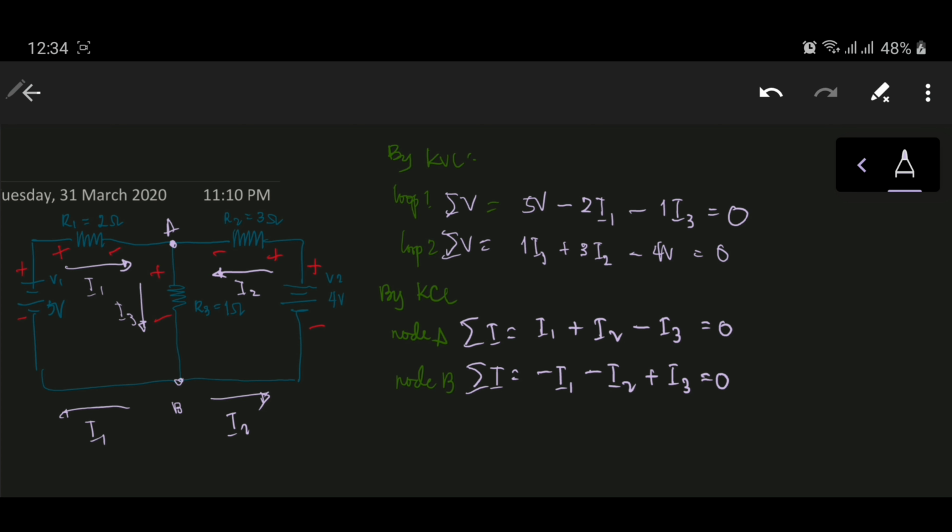We say these 2 equations are independent if there is no constant that, if we multiply it to each of the terms of the equation, would result in the other equation. So equation 1 and equation 2 are independent. But if you look at equation 3 and equation 4, these 2 equations are dependent, because if you multiply -1 to each of the terms in equation 3, you'd actually get equation 4.